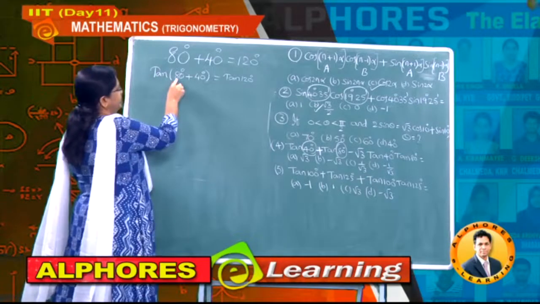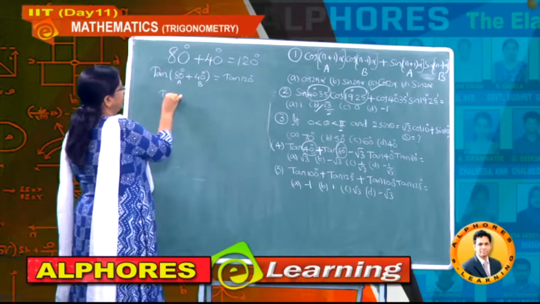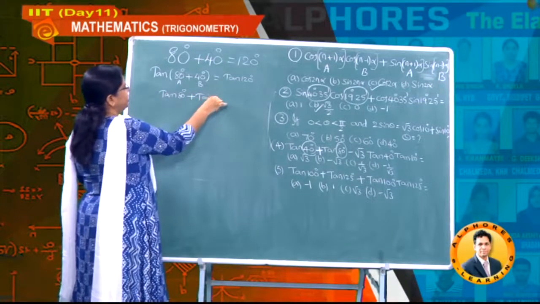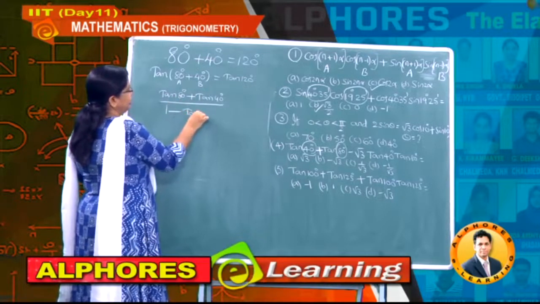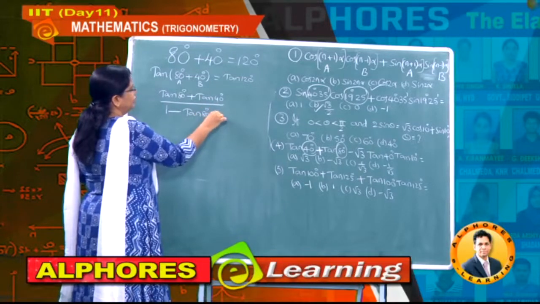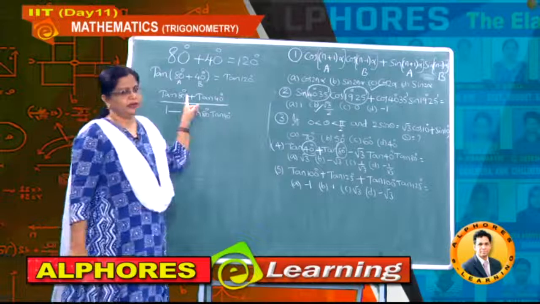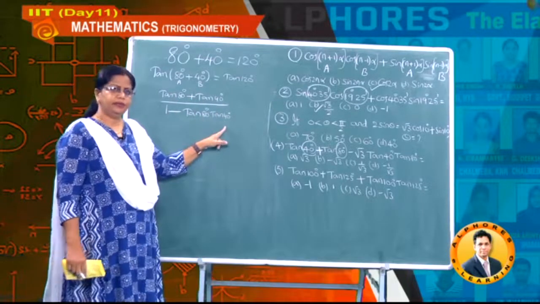Now what is this? Tan of A plus B, then tan A, tan 80 degrees plus tan 40 degrees, the formula I am writing, divided by 1 minus tan 80 degrees into tan 40 degrees. Got it students? So tan A plus tan B by 1 minus tan A into tan B.